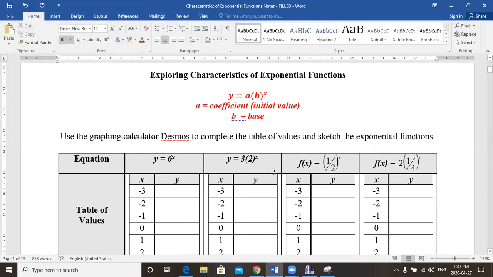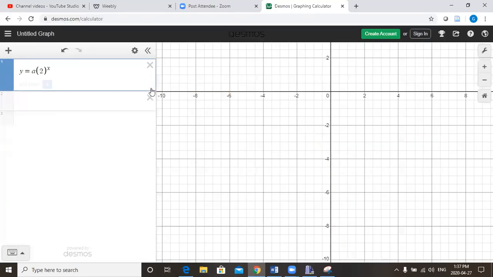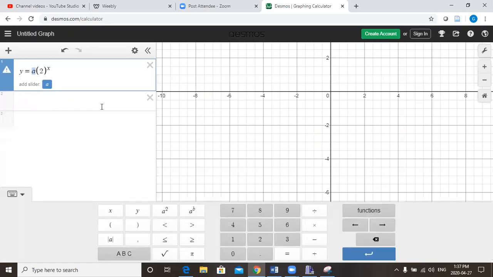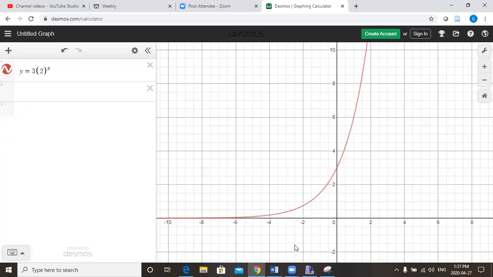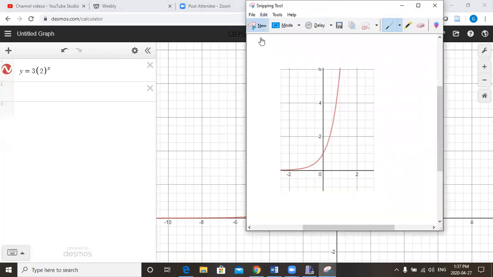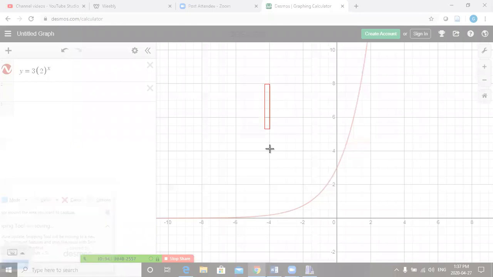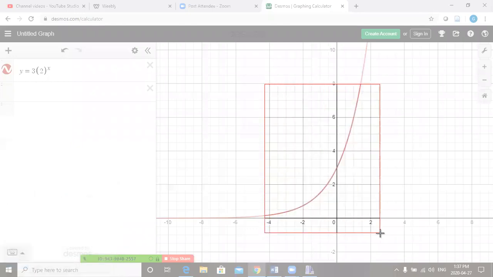Okay, so back to our second example. Instead of a, it's 3. So we've got our graph, and again, we'll do a little snip. Just enough to catch the y-intercept there.